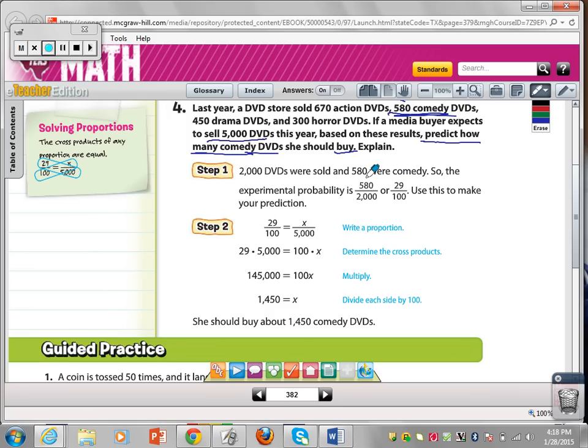So the probability was 580 out of 2,000. If you simplify this, dividing by 20 both top and bottom, you get 29 out of 100. Now we're going to use this number, 29 out of 100, to make your prediction.